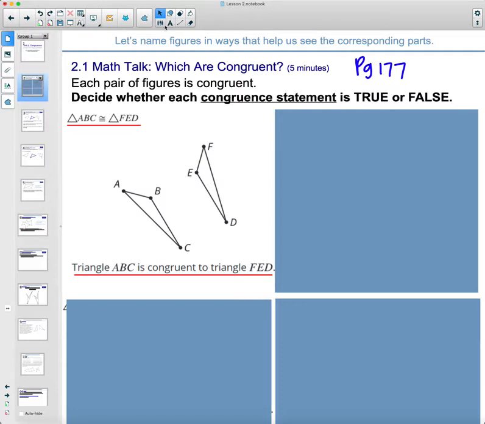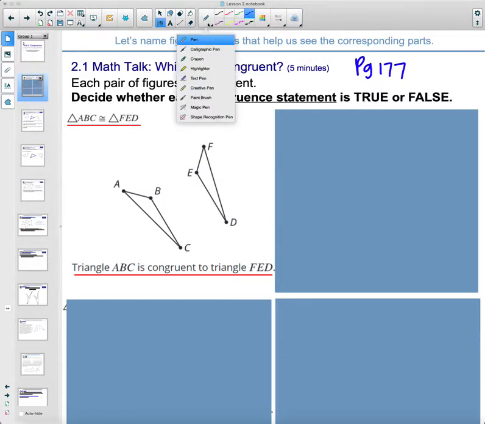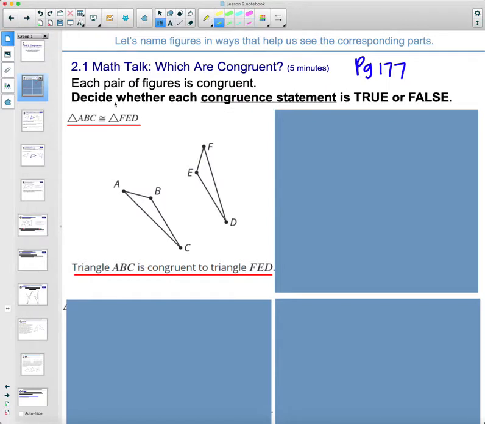So the strategy that I'm going to use here is to use different colors to go in order of the congruent statement. This one has the triangle going in order A, B, C. So I'm going to first start by connecting A and B. And then I'm going to do the same thing with this second triangle. Connect the first two, FE.